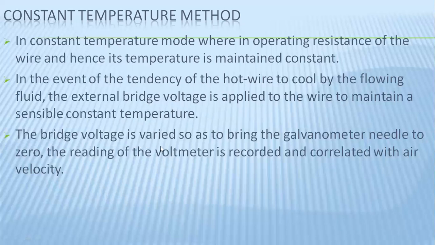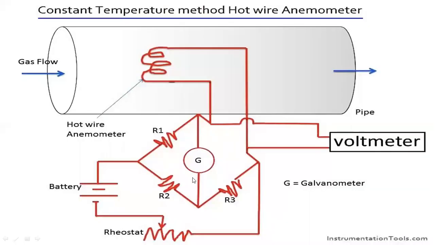The bridge voltage is varied so as to bring the galvanometer needle to zero. The reading of the voltmeter is recorded and correlated with the air velocity. That is the operation of the constant temperature method of the hot wire anemometer. I can place a voltmeter and, by using this voltmeter, maintain a constant temperature on this device.